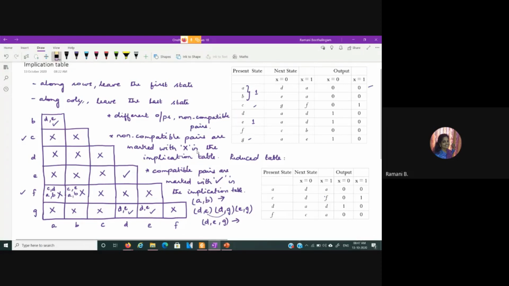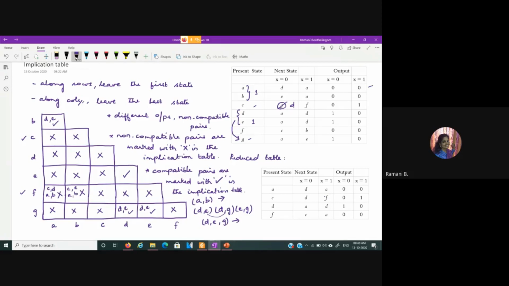So actually it is D, E along with G, we combined it to a single state. So with C, we have G over here, so this is actually replaced with D. That's why you have D, F and the outputs 0, 1.